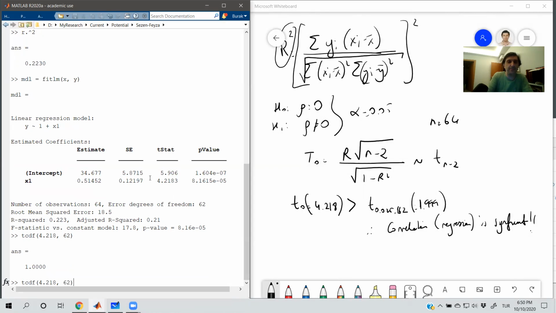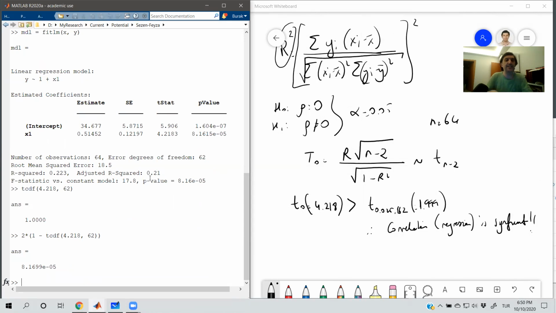This is very, very close to 1, so I'm going to subtract it from 1 and multiply by 2 to obtain this result. It is 8 point something times 10 to the power minus 1. And here is the surprising result: this p-value is totally equal to the p-value given by the linear regression model.